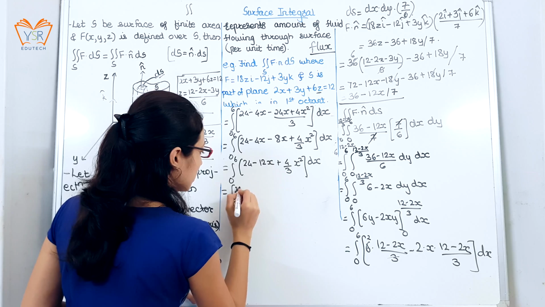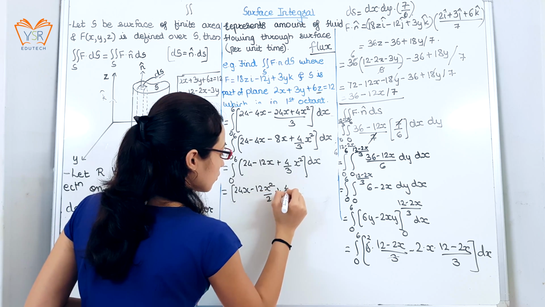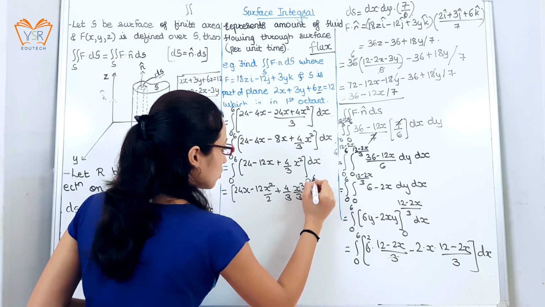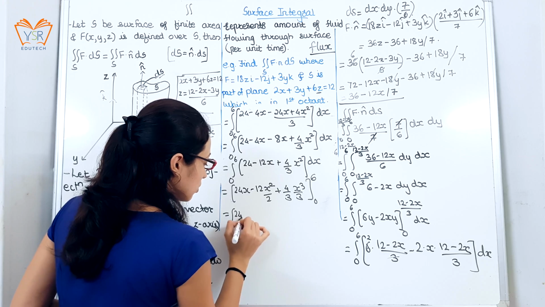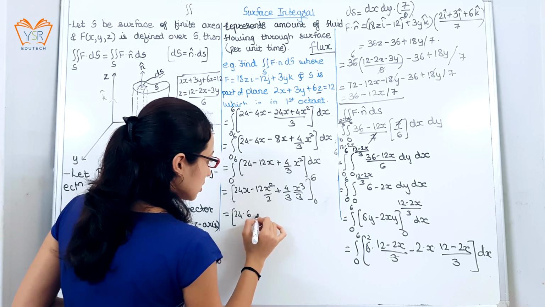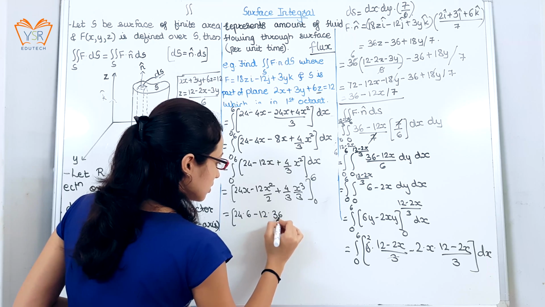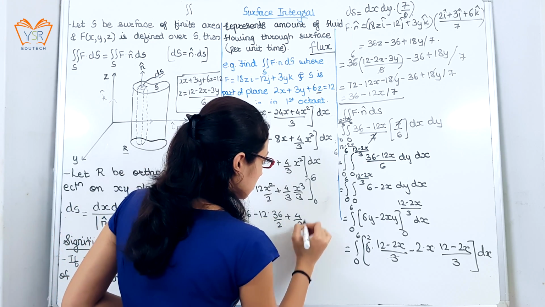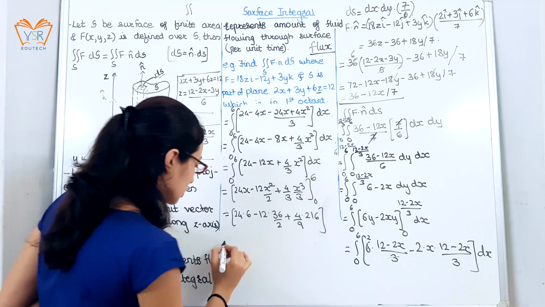We get 24x minus 12x square by 2 plus 4 by 3 x cube by 3. Limits are from 0 to 6. Now put the values of the limits. We get 24 into 6 minus 12 into 6 square, which is 36, divided by 2, plus 4 by 9 into 216, as 6 cube is 216.